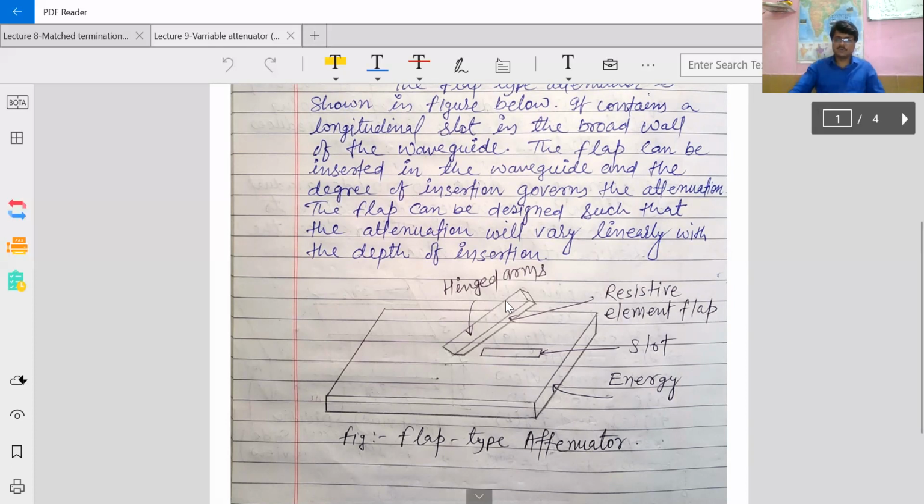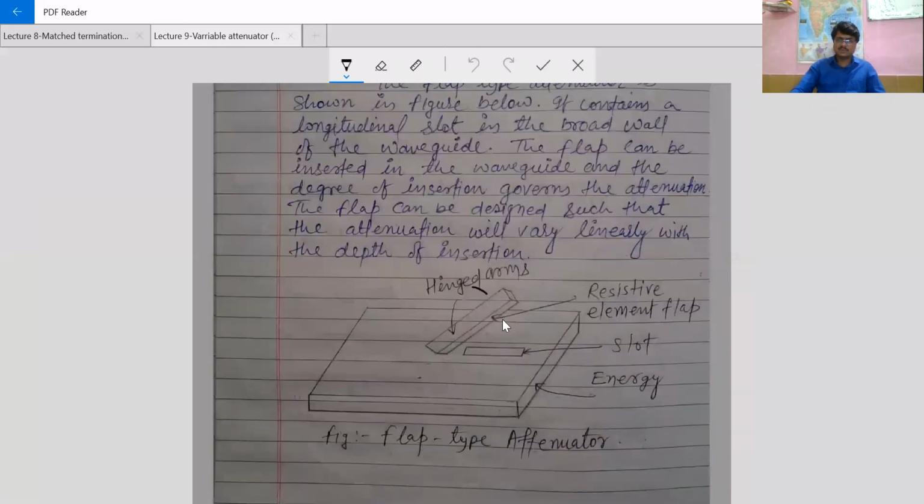Let us suppose energy is being provided from here, this is the input, and as we move this flap, it will go deeper into this slot.